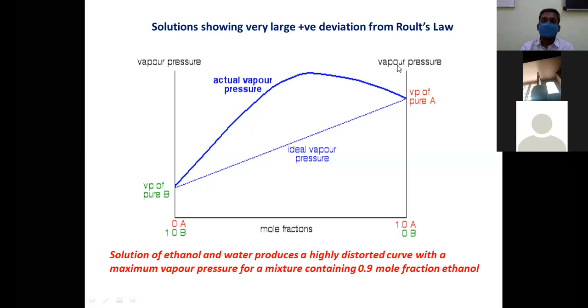It is not just greater, it is far greater, very much greater at a particular composition of the solution. Vapor pressure is too high compared to the vapor pressure of pure liquid A and B. Therefore, such solutions do exist.